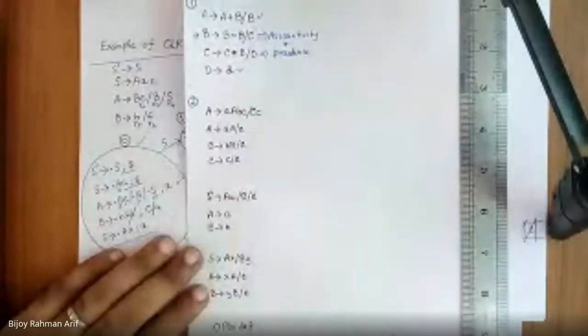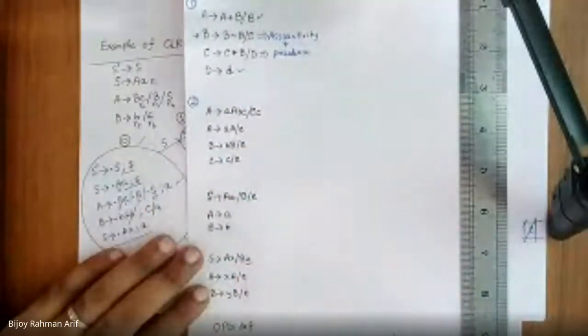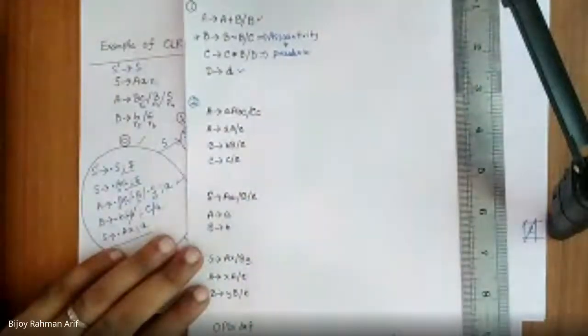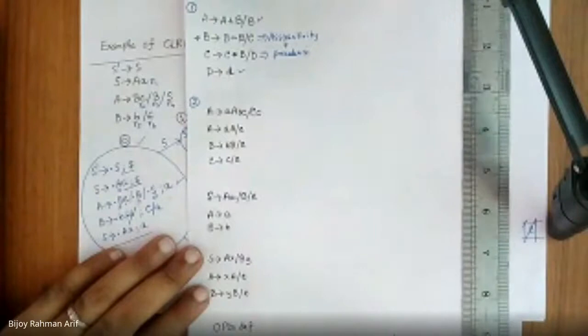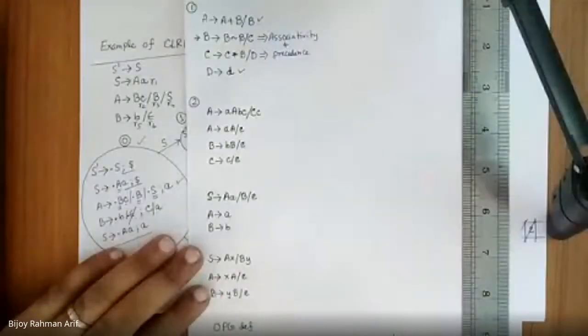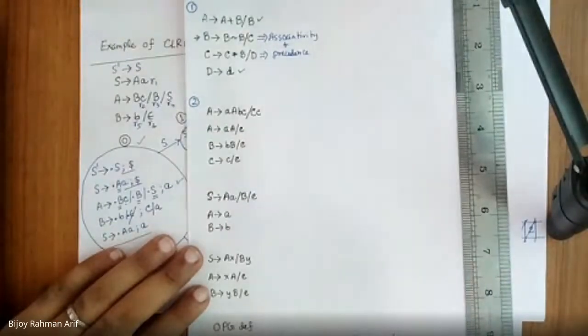Number 2 problem. In this problem, you have to remove epsilon. So what is the rule for removing epsilon? Whenever a variable can derive epsilon, you try to find its appearance on the right hand side of the productions. You need to write it without removing that variable and with removing that variable.